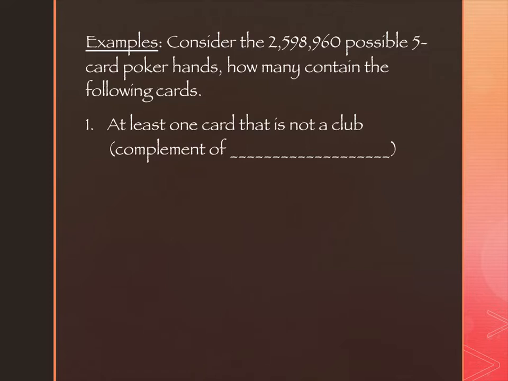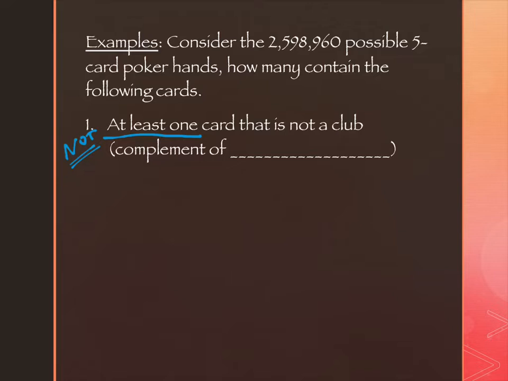This says at least one card that's not a club. So when you see that phrase, at least one, that's recognizing a not scenario. Right? So when you see at least one doing something, it means something is not happening. In particular, what cannot be happening in order to satisfy this condition?